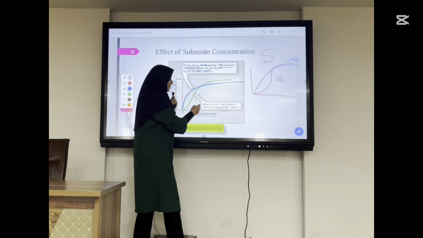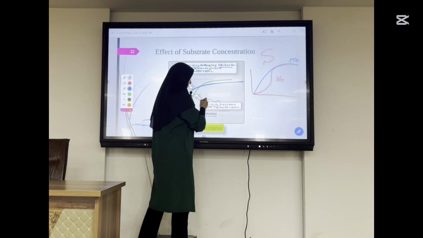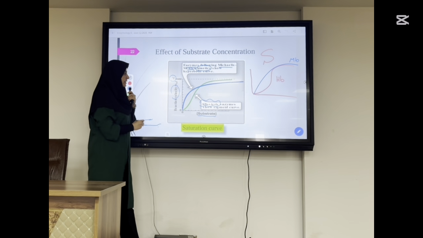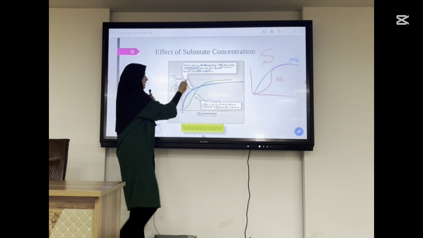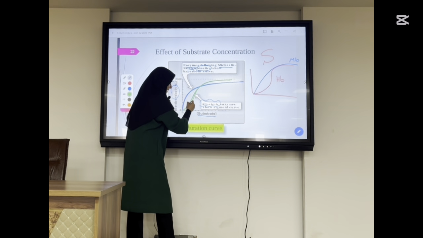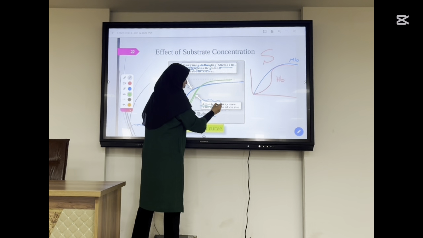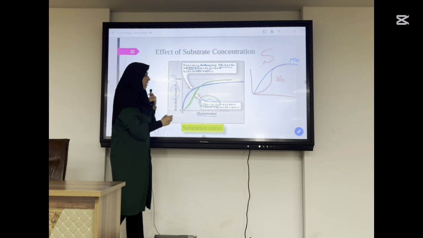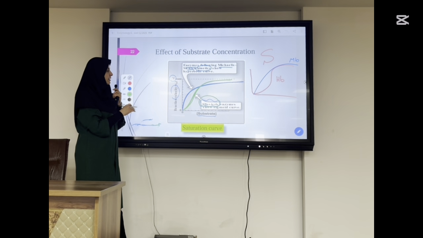But allosteric enzymes have a specific curve. As you can see here, this is the sigmoidal curve. This is related to allosteric enzymes. I will explain what allosteric means in the next slide.